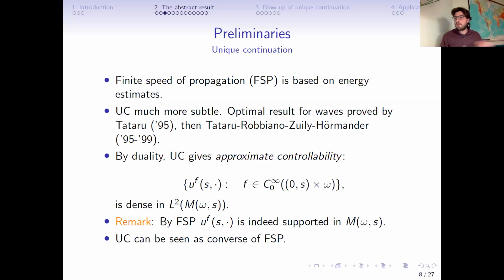It means: can I find sources so that my solution attains some prescribed target? Approximate controllability says that you may not attain your target exactly, but you can get as close as you want to the target. This is what approximate controllability means, and it is just an abstract functional analysis argument that gives that.